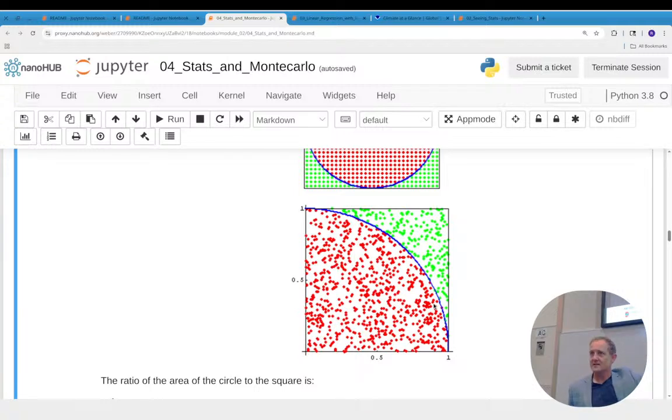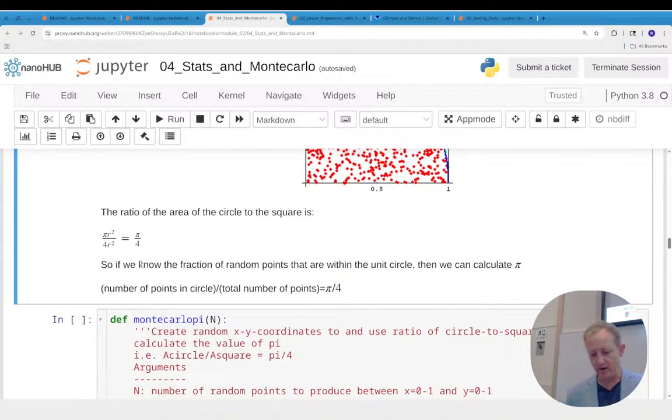All the green dots, the ratio of how many green dots there are to how many red dots there are, has to be related to the area between the square and the circle. And that's kind of what we're doing. It's pi r squared versus 4r squared. That's always pi over 4. So if we have enough random locations, they should converge to pi over 4.